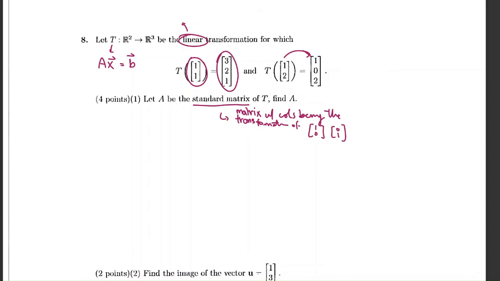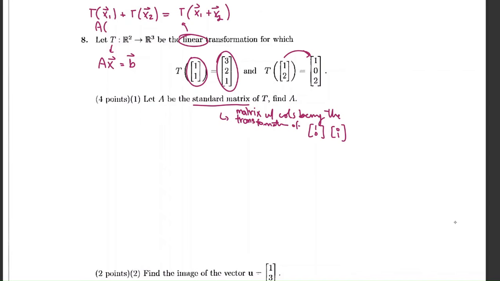And so remember that because it's a linear transformation, if we have the transformation on some vector x1 plus a transformation on a vector x2, that will equal the transformation of the vector x1 plus x2. Okay, and this makes sense, right?